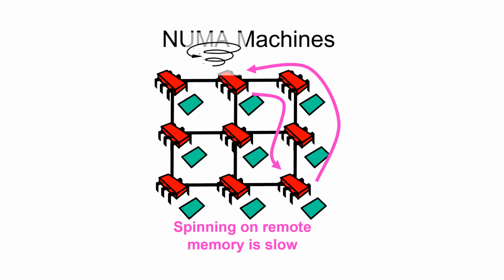So it will take a certain amount of time. There will be communication cost, and memory is also slow. If the memory location is remote, then performance will suffer. That is the problem with NUMA architectures.